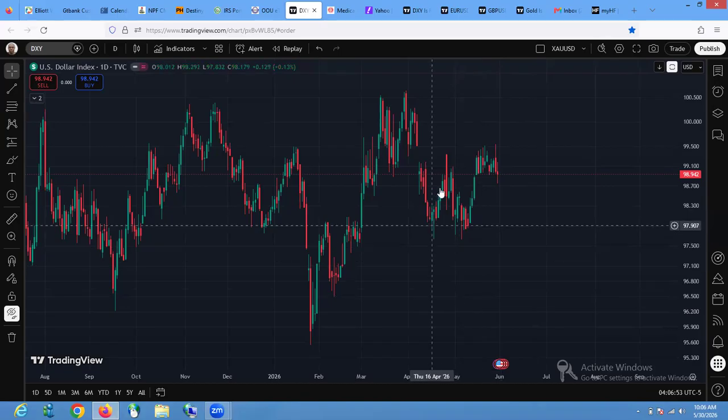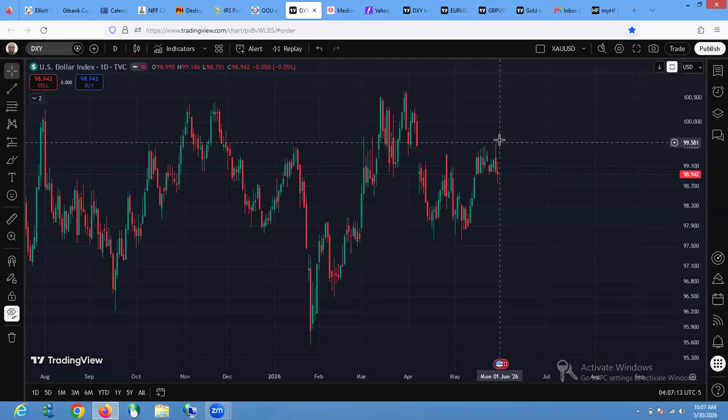But from what I can see here, this is a three-wave to the upside, 1, 2, 3, 1, 2, 3 to the downside. And to the upside now, it's 5 waves, 1, 2, 3, 4, 5. And this wave is truncated. And this is typical of wave C. If this is going to be impulsive to the upside, wave 5 would have extended and broken this to the upside very well.